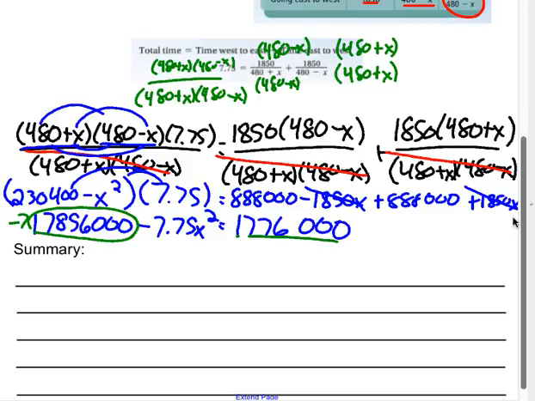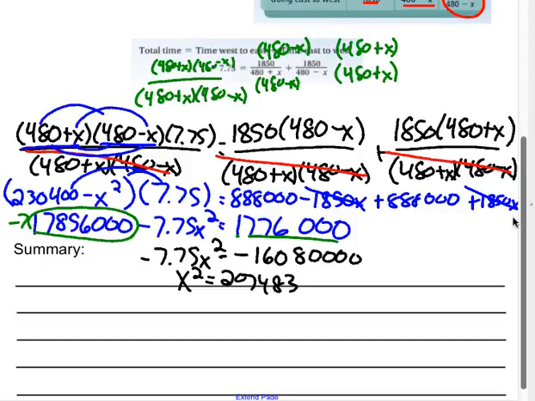That's going to give me negative 7.75x squared equaling this. Now divide it by negative 7.75. So x squared equals 207,483.871.